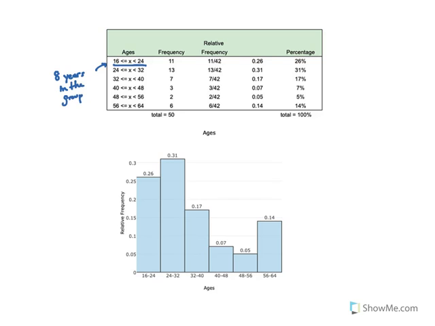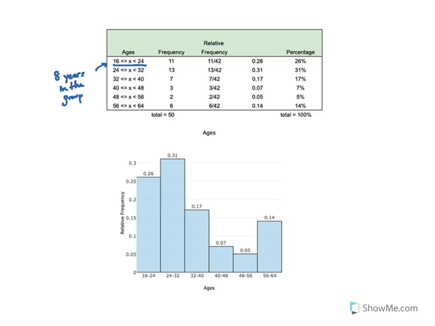So 16 to 24, 24 to 32, 32 to 40, 40 to 48, 48 to 56, 56 to 64. Note that since we rounded up, the last value here, 64, is bigger than the biggest value in our distribution, which is 62. But if we rounded down, the biggest value here would be less, and that would not be okay.